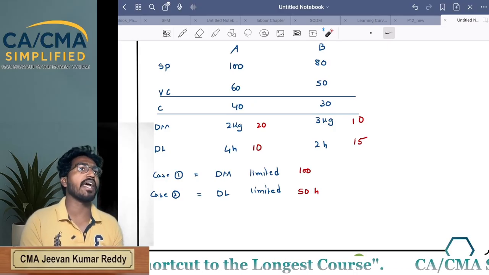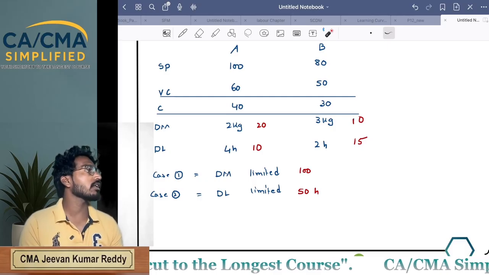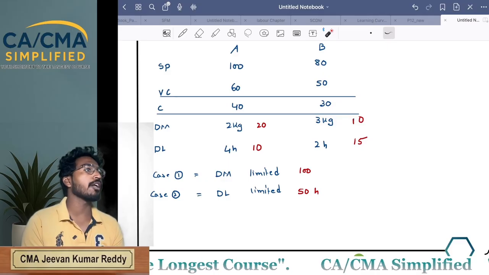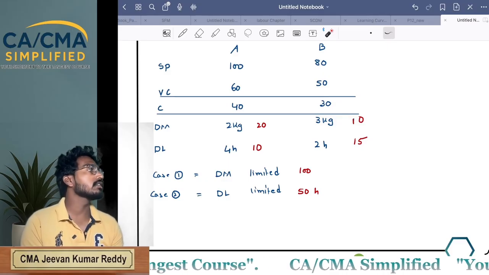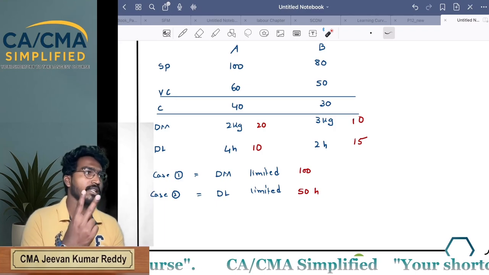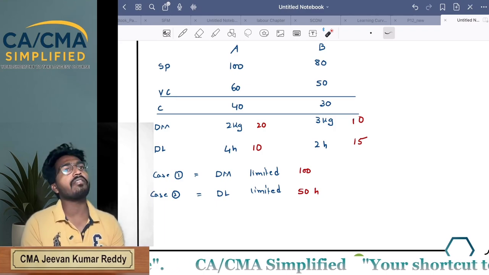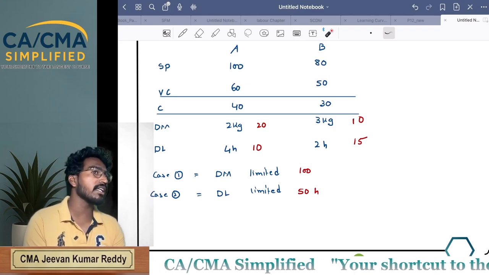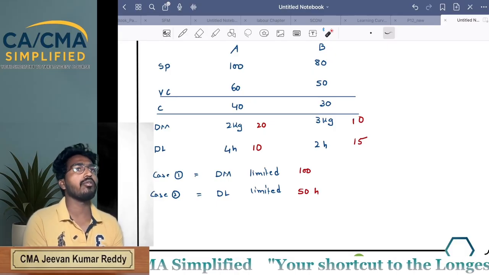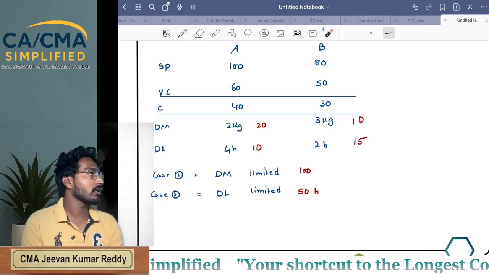We form a mathematical equation and solve it through the graphical presentation method or the simplex method. For solving a linear programming problem, we have two methods: one is the graphical presentation method, another one is the simplex method. We solve the problem and we will get the answer.